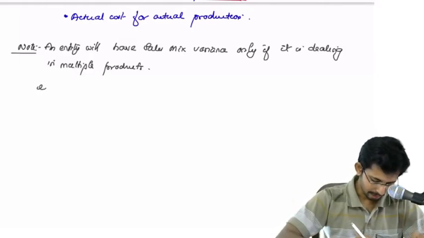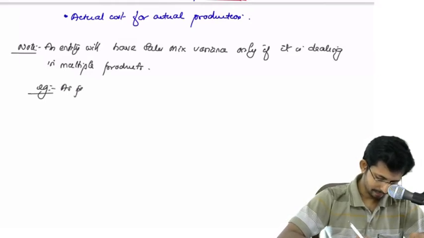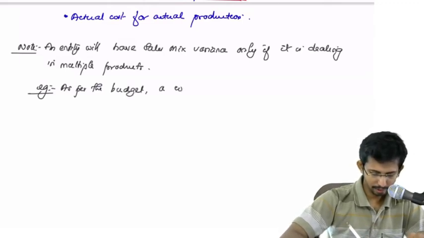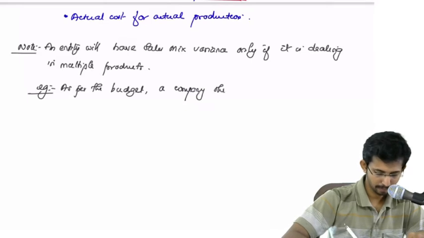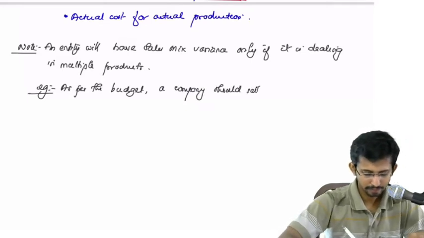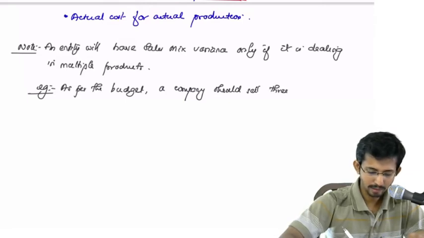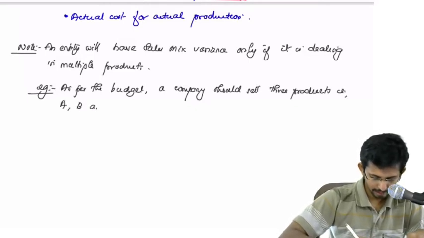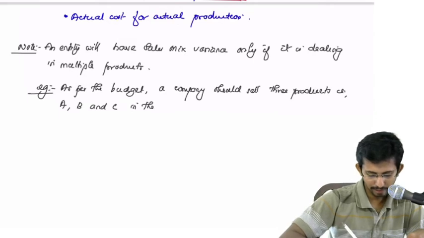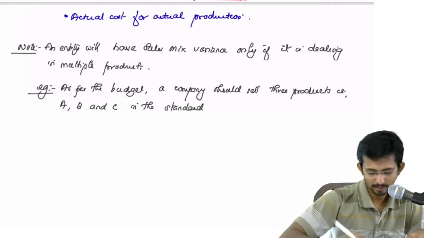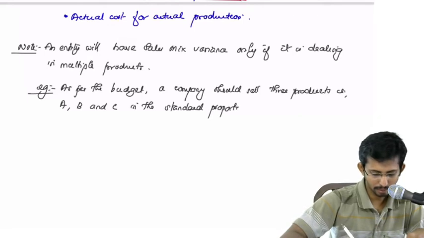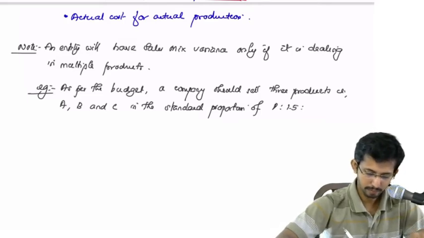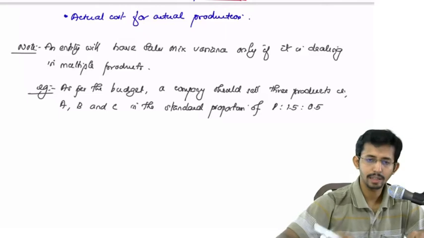Say for example, as per the budget, a company should sell 3 products, that is A, B and C, in the standard proportion of 1:1.5:0.5.